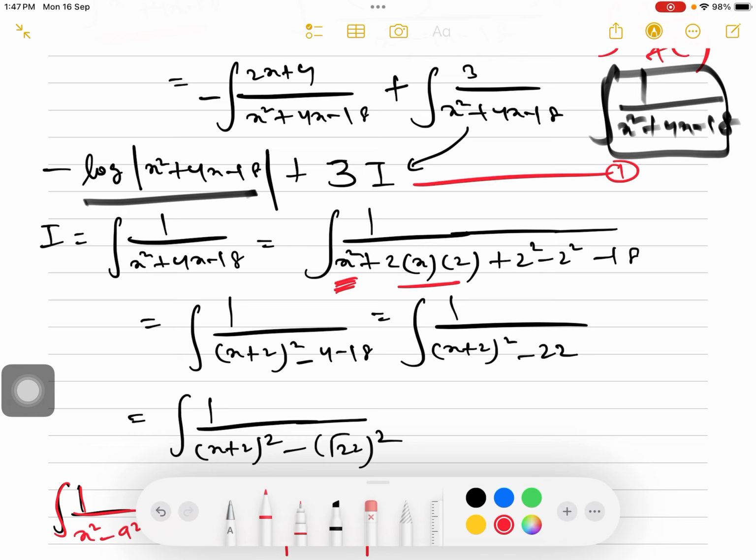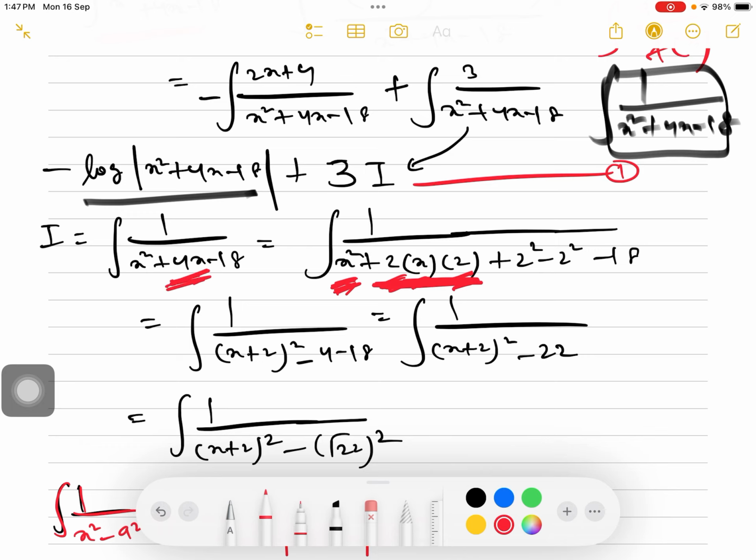So that 4x only I wrote as x square plus 2 into x into 2. Why I wrote? Because I have to make the a plus b whole square formula. So my a square will be x square, plus 2 into a into b. 2 into x I already have, because the a value is x. So 2 into a value x into b value I have to create. So what should the b value be so that this thing equals this thing? Means 2 into x into what equals 4x.